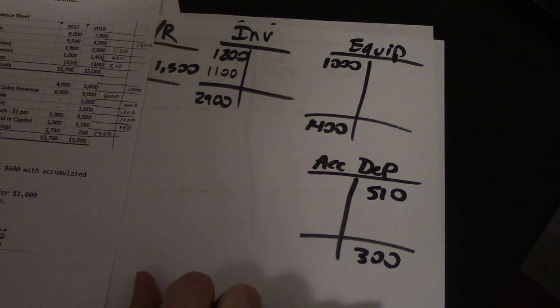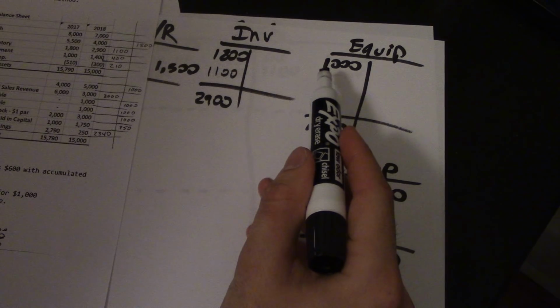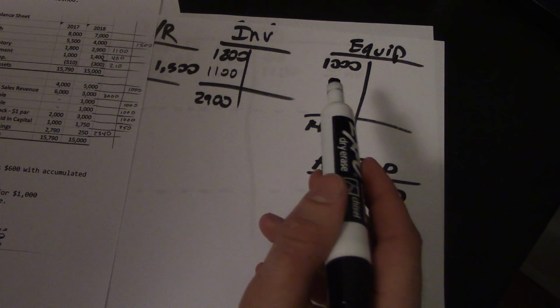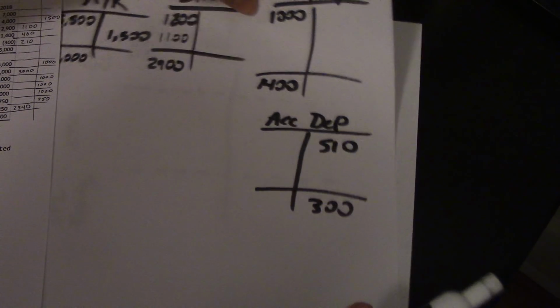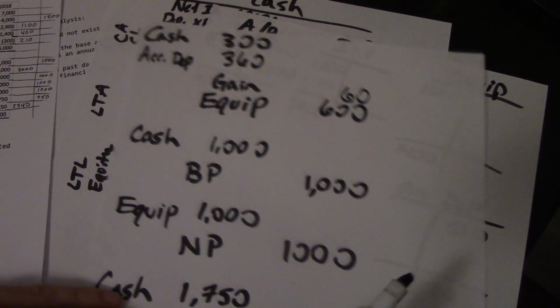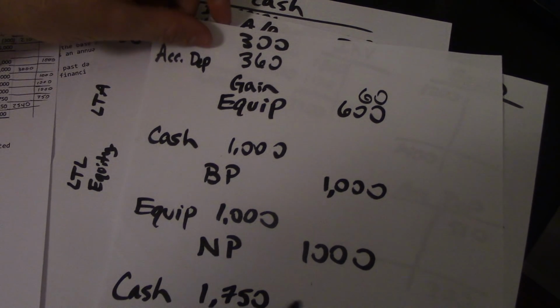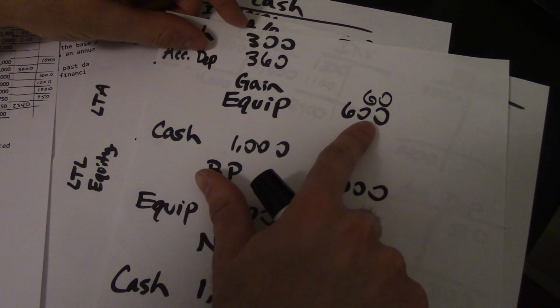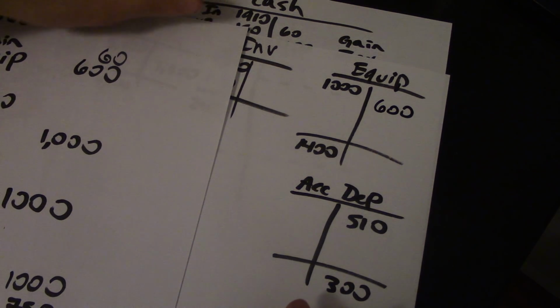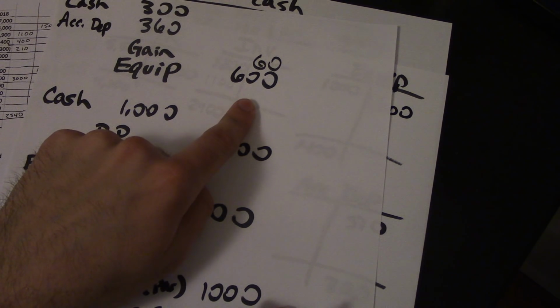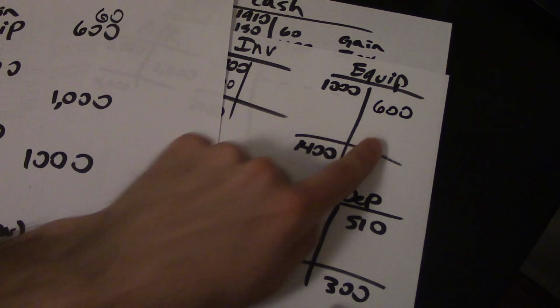Now, we can't just debit equipment by 400 and then credit cash for 400 because that's not what happened. What really happened when we look back to our journal entries is we credited equipment by $600 because we sold some equipment. Credit equipment 600.